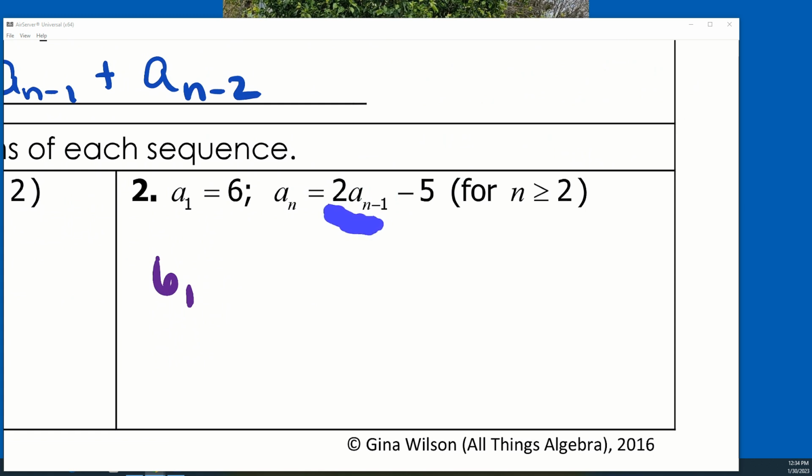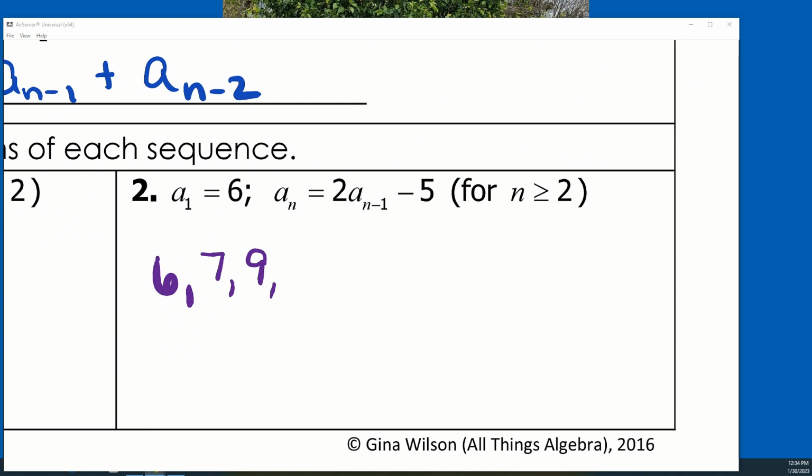So 6 times 2 is 12. And then you're going to subtract 5. So that's 7. I'll go slower this time. So this time, this right here is going to be 7. So 7 times 2 is 14. And then minus 5 is 9. And you can do it in the calculator if you don't want to do it in your head.